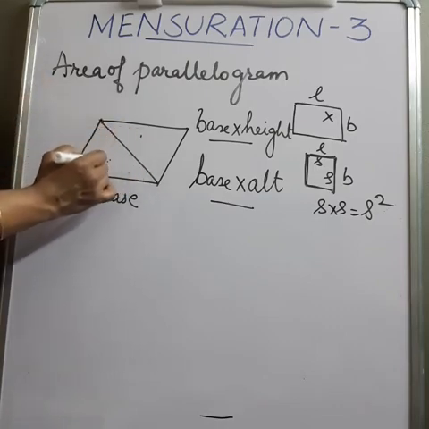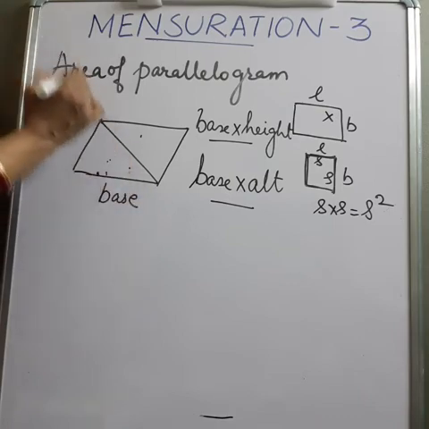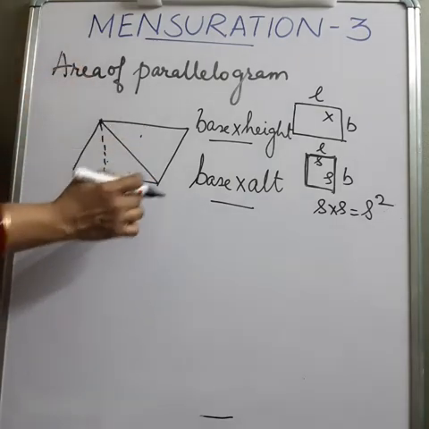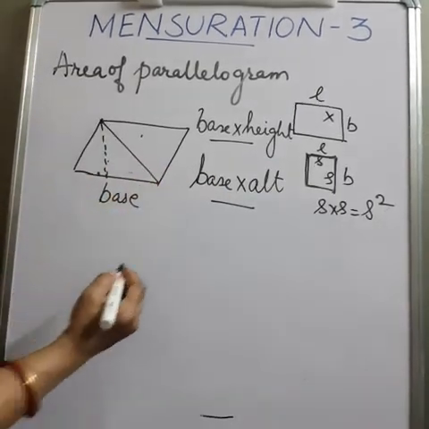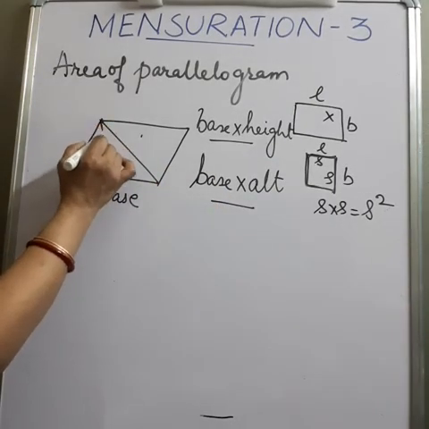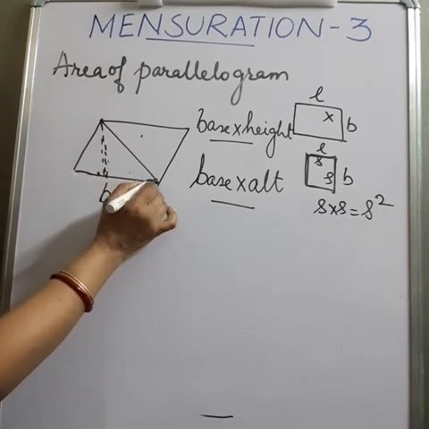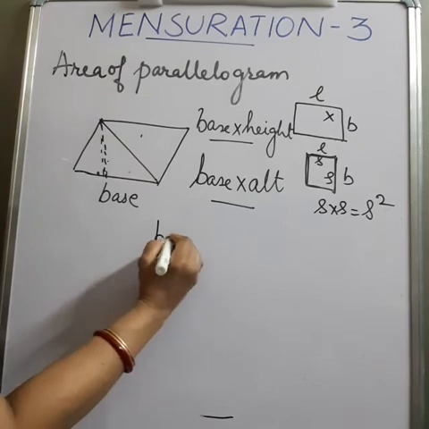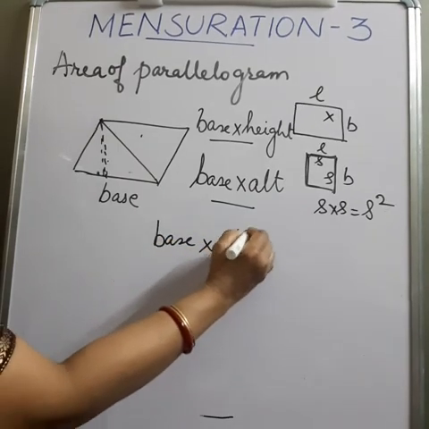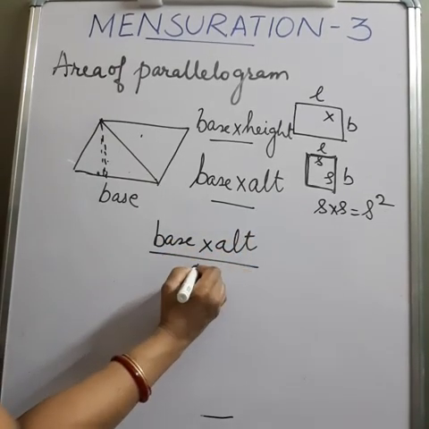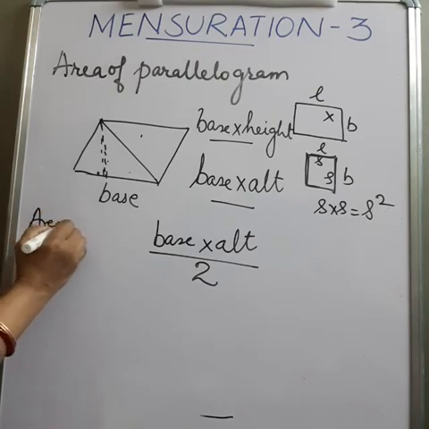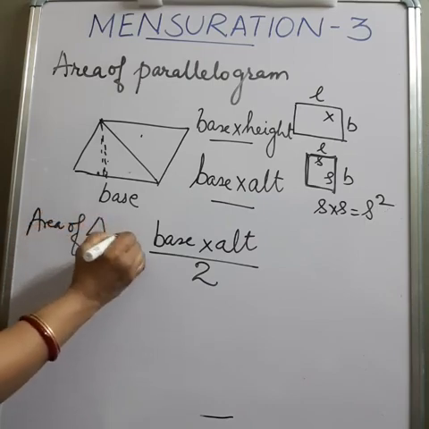So if we want to find out the area of one triangle, we can always divide this base into height, or base into altitude, into two equal parts, that is divided by 2. So we get the area of triangle.